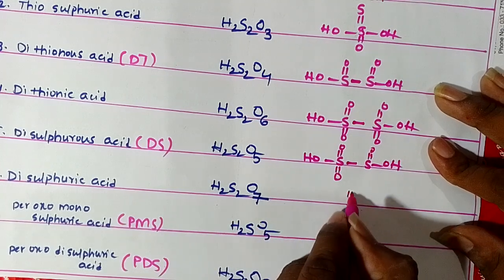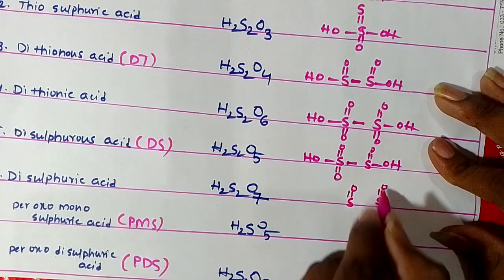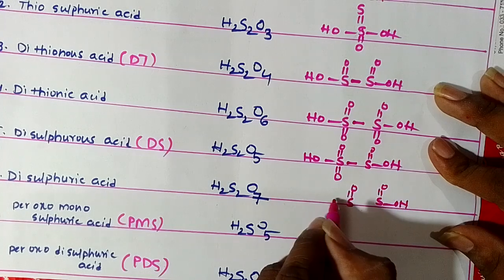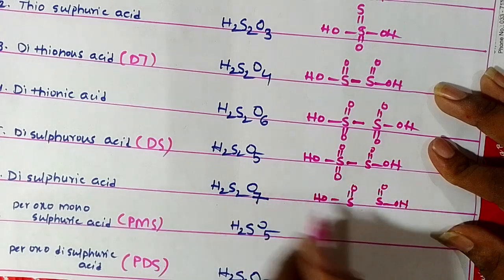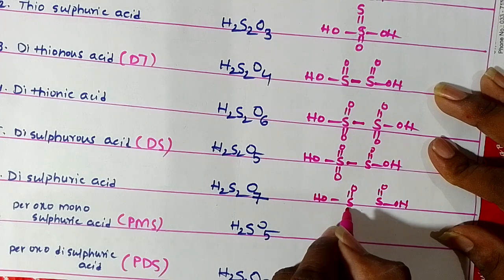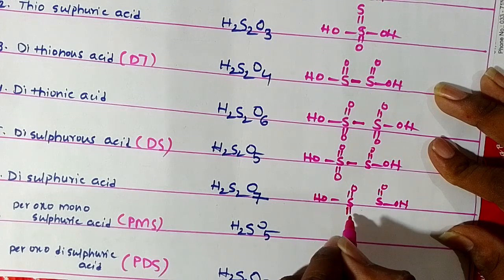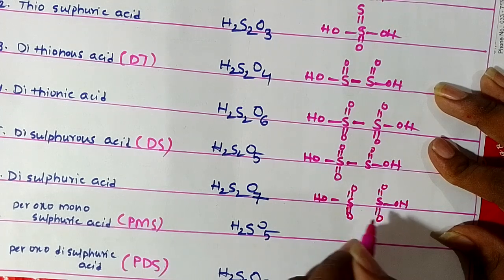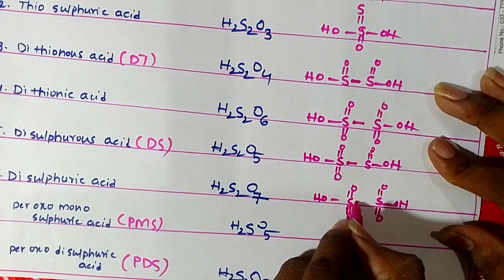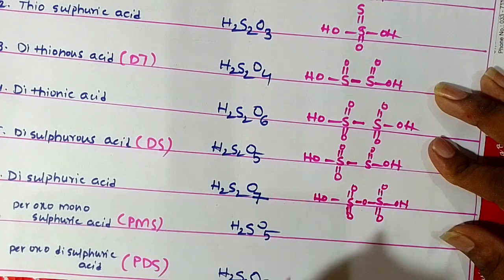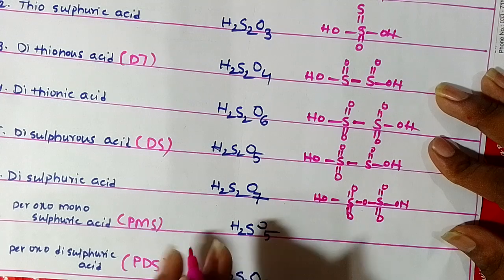First you write two SO groups and two OH groups, and the remaining three oxygen atoms. Of the remaining three oxygen atoms, two exist like this, and the remaining oxygen atom exists between the two sulfur atoms as an S-O-S bond.